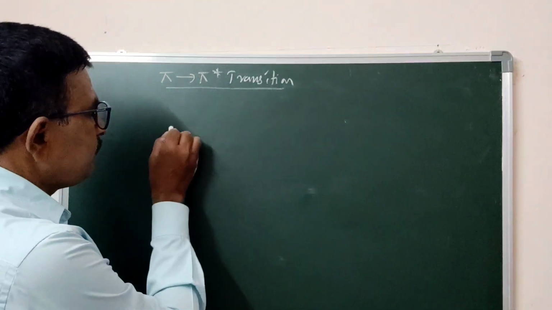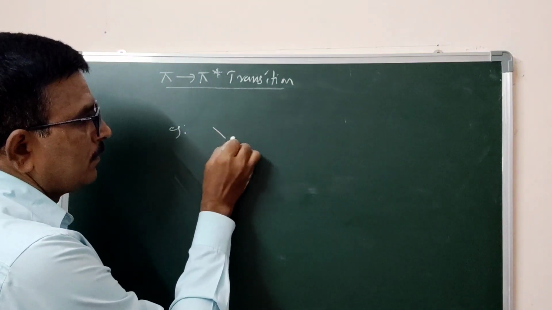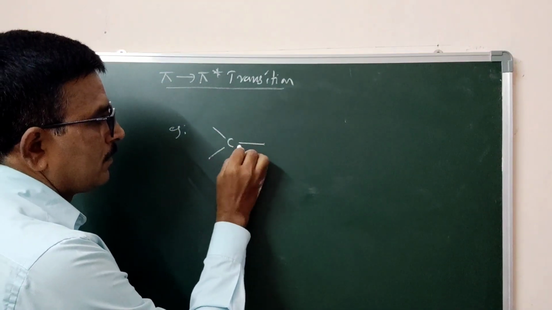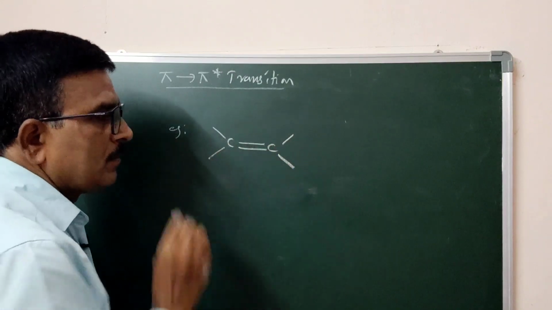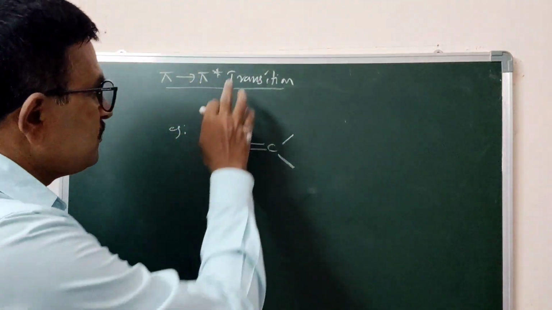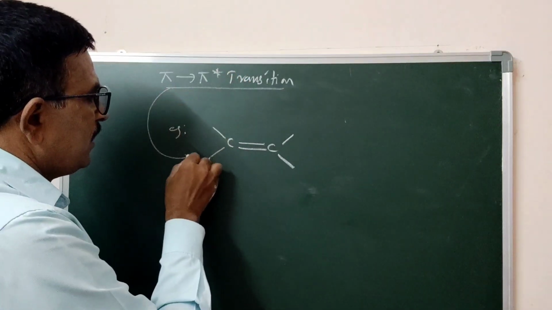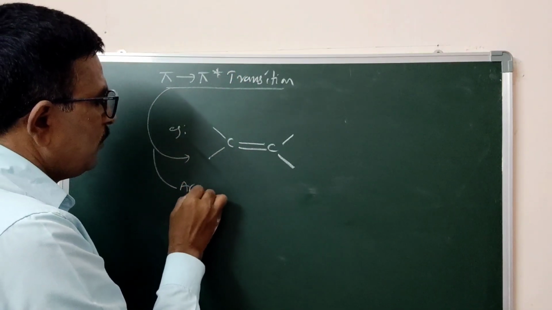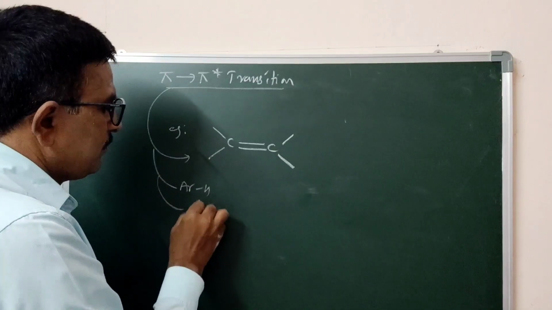Example, this is the alkene. So this transition is possible for an alkene or aromatic hydrocarbons or alkynes.